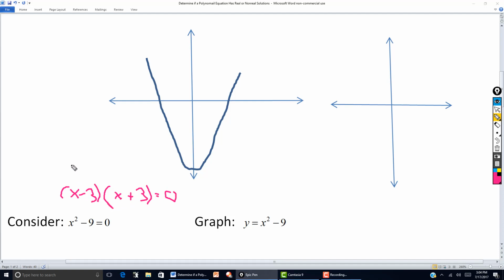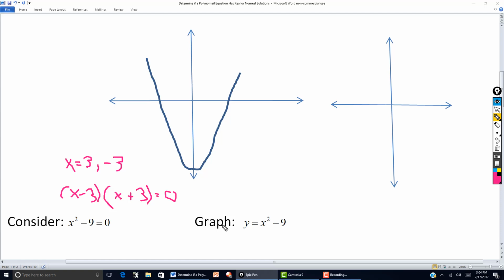So the values that are going to work here, that'll make this 0, will be x equal to 3 or x equal to negative 3. Those are the solutions to this equation. You put a 3 there, 3 squared is 9, minus 9 equals 0, so it checks. Negative 3 squared minus 9 is 0, it checks.